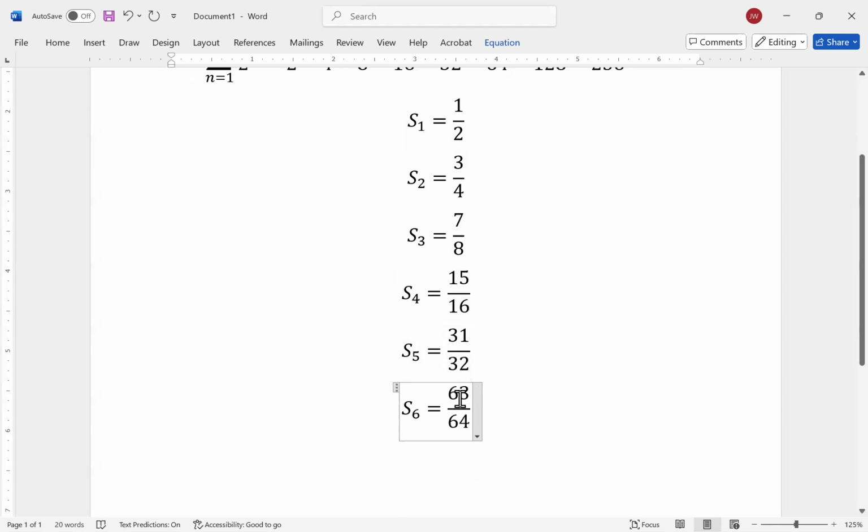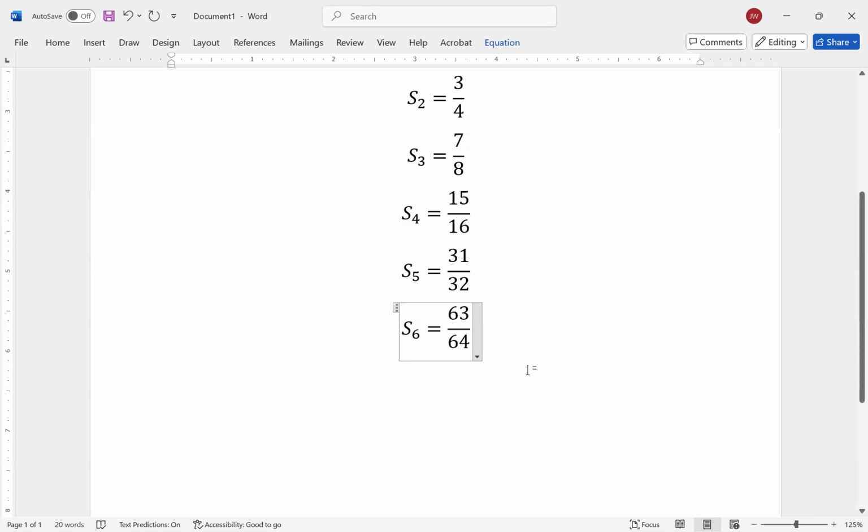And then the numerator is always 1 less than that. So the partial sums in general always look like a fraction, 2 to the n minus 1 in the numerator and 2 to the n in the denominator.